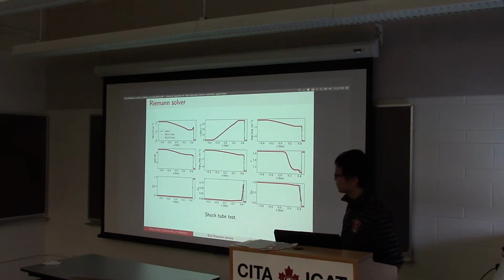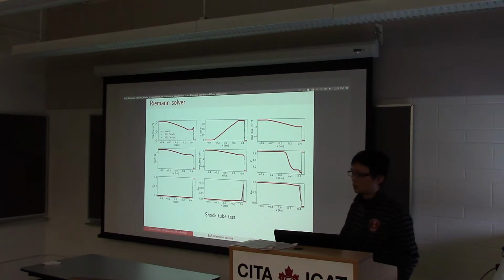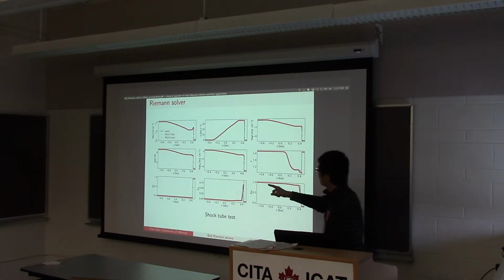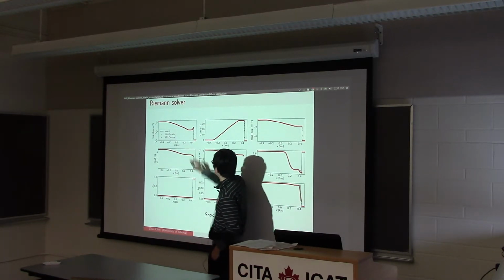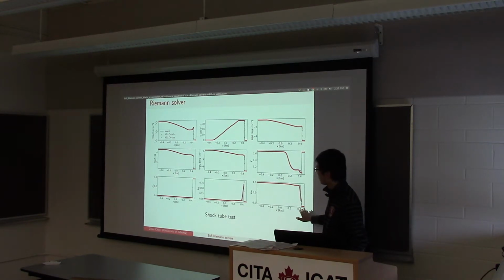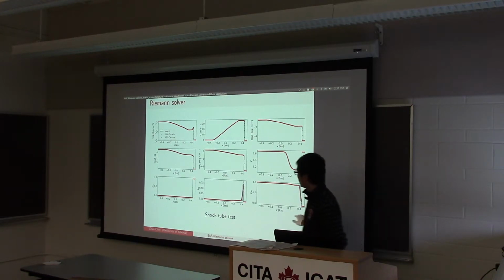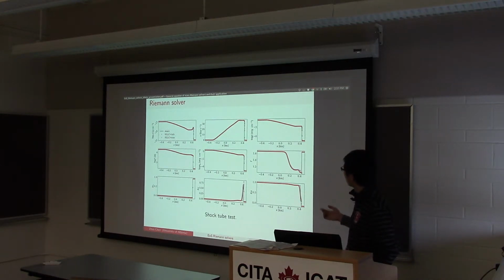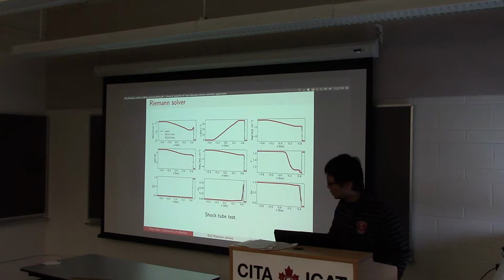HLLC is a type of approximate Riemann solver, which is popular in computational astrophysics. The first panel shows the density, and this shows the concentration of hydrogen. The equation of state I use in this test is pure hydrogen. We can see that the approximate solver matches the exact solver quite well.